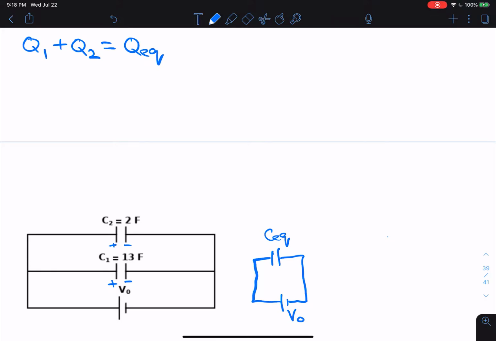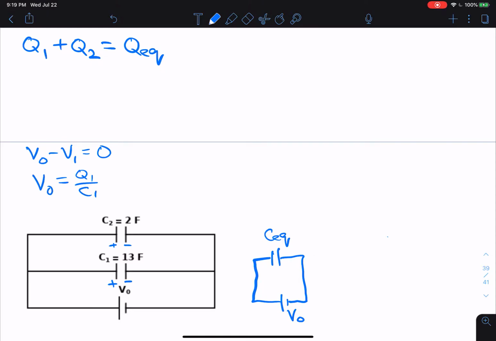Okay, we're going to use that, but before we do, we're going to need to write some loop rules. So let's do our loop rule. I'm going to do a loop rule here for this one. So this is the lower loop. So when I do that, I'm going to get for that lower loop V0 minus V1 has to equal 0. And based on the relationships we already identified, V0 has to equal Q1 over C1.